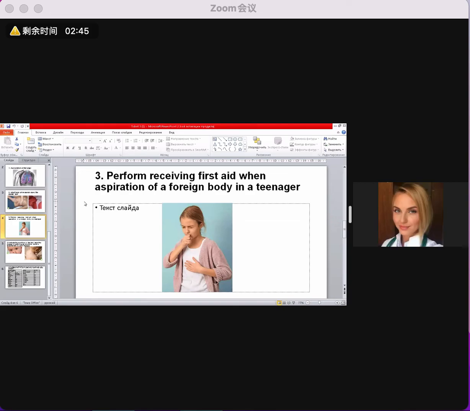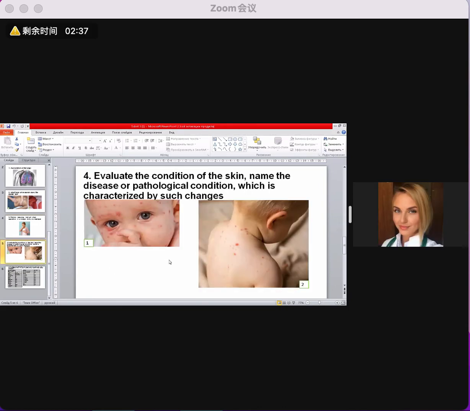Very good. This is what? Chickenpox. Yes, that's right. So, tell me please, what does false polymorphism of the skin rash in chickenpox mean? There are a lot of lesions at the same time. Different types of rash, different lesions at the same time. Very good. Next, then.